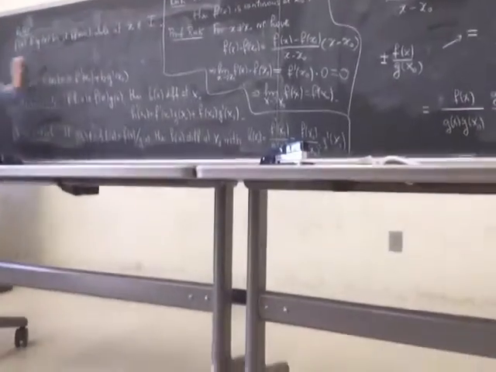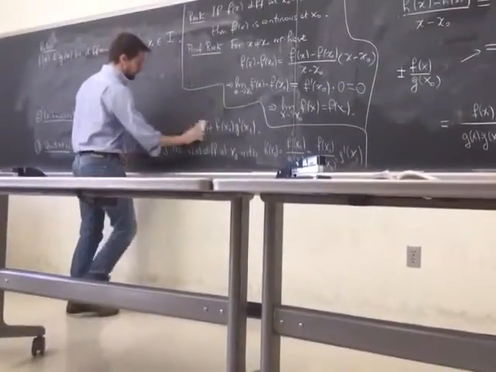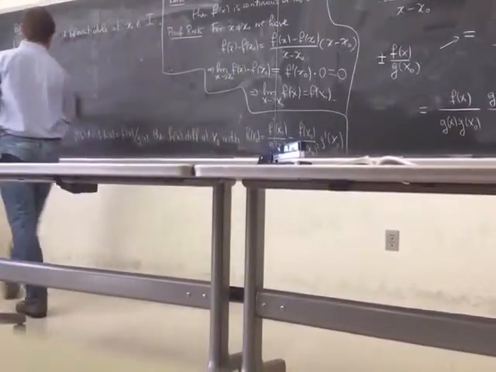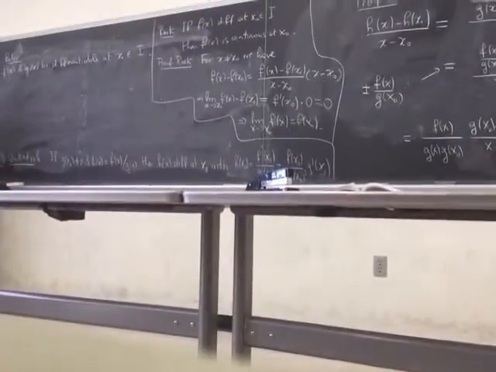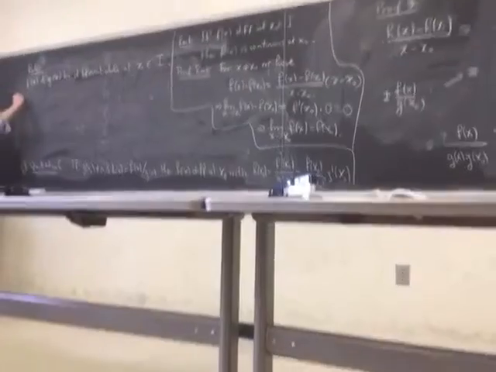So what we're trying to do is to define, given the differentiable function, let me cut and paste this line actually. So what we're trying to show is this statement.